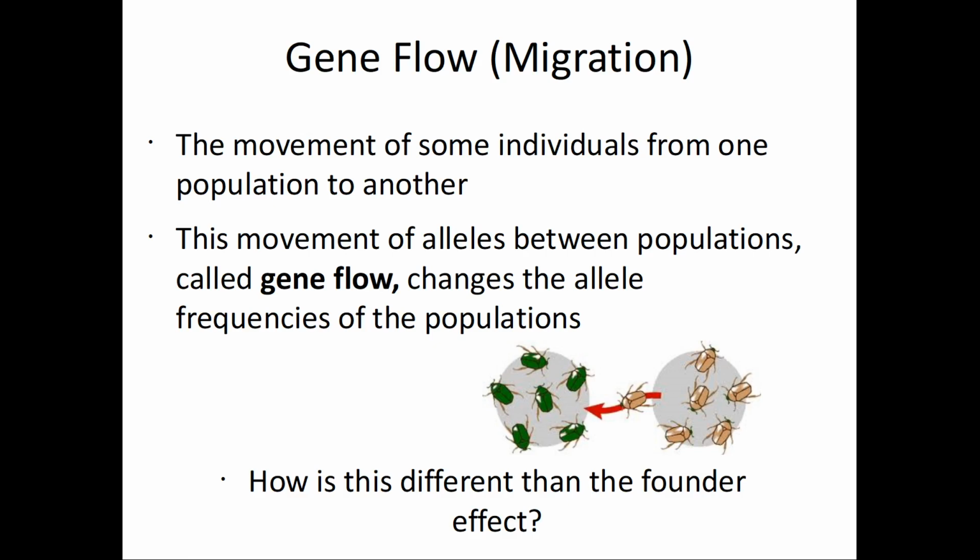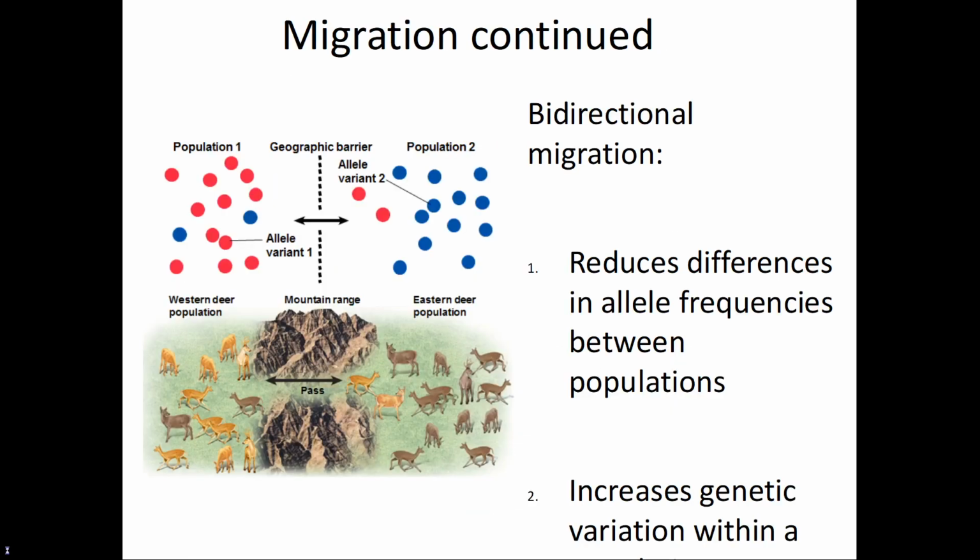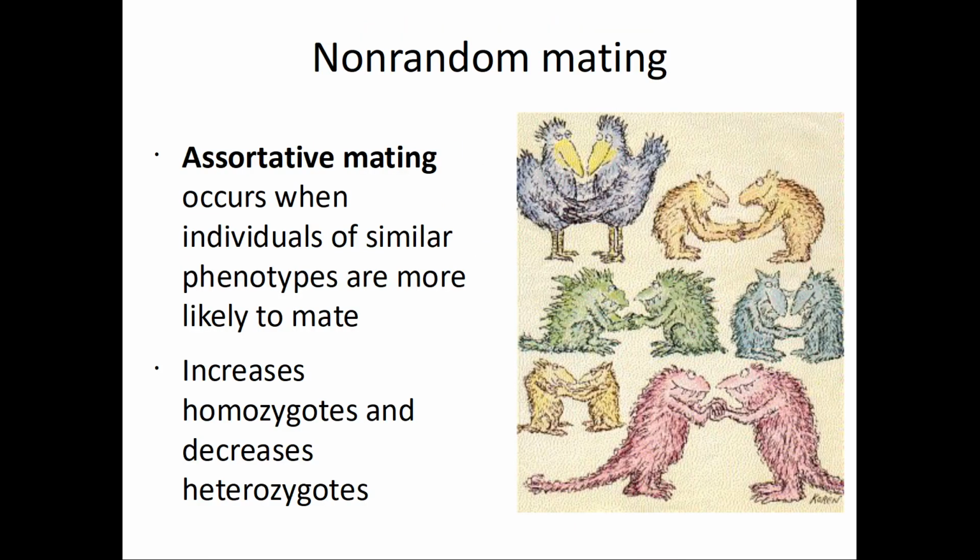And it is essentially the opposite of the founder's effect. You can have bidirectional migration. That's where you have two populations and they're exchanging individuals. It reduces the differences in allele frequencies between the populations. We begin to see them kind of merge as a single population in this case, and it increases genetic variation.